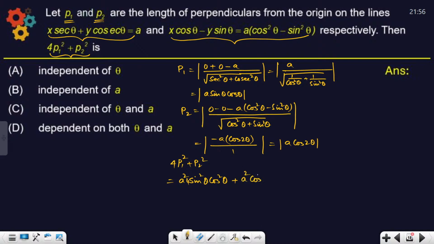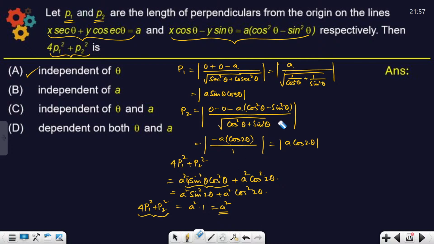It's A square cos square 2 theta. So this part actually gives us sine square 2 theta plus cos square 2 theta. So if I take A square common, it's 1. So it's only A square. So what we got is 4P1 square plus P2 square equals A square. Now, this is definitely independent of theta, because this result does not contain any theta. Therefore, this value is independent of theta. Hence, option A is correct.